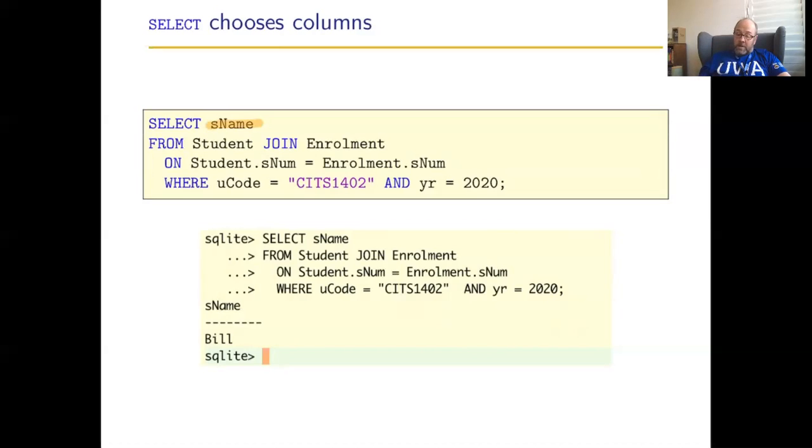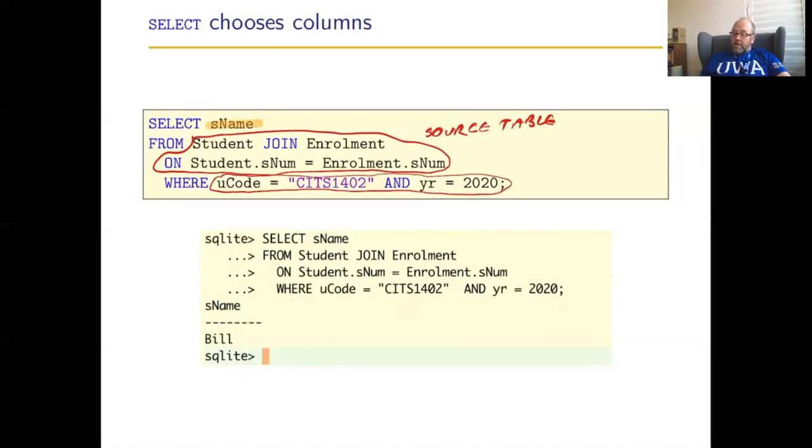Okay, so let's analyze the parts of this query. This is the source table. So SQL constructs that first. Then it passes it through the filter. The where clause is the filter. It will delete some rows or not pass through some rows.